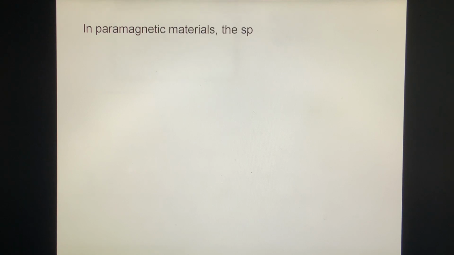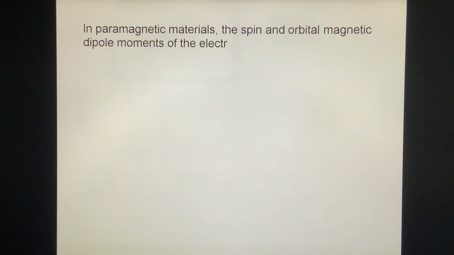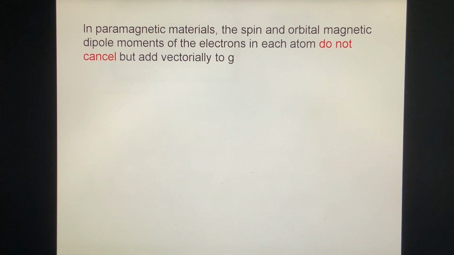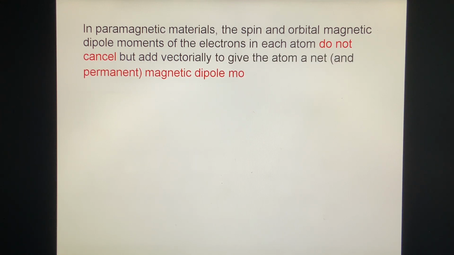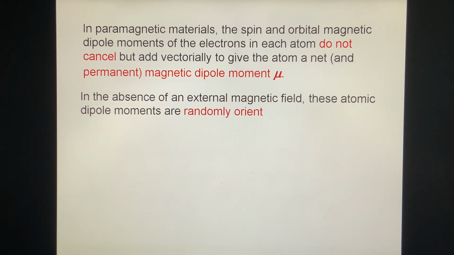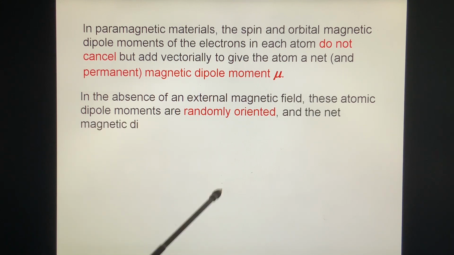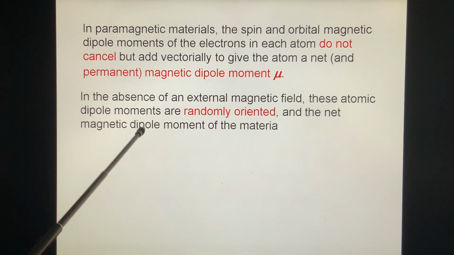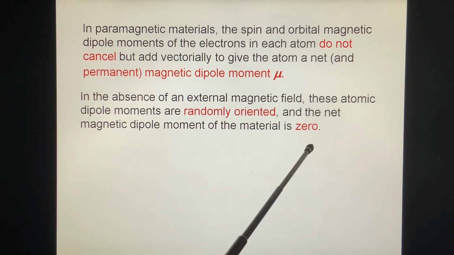In paramagnetic materials, the spin and orbital magnetic dipole moments of the electrons in each atom do not cancel, but add vectorially to give the atom a net and permanent magnetic dipole moment mu. In absence of an external magnetic field, these atomic dipole moments are randomly oriented, and the net magnetic dipole moment of the material is zero.